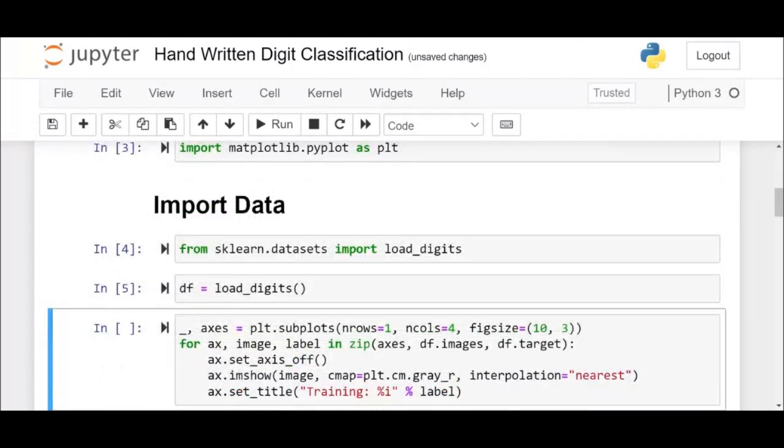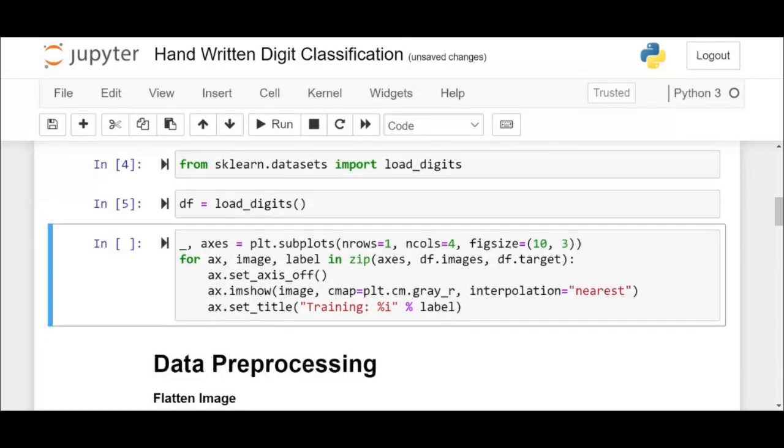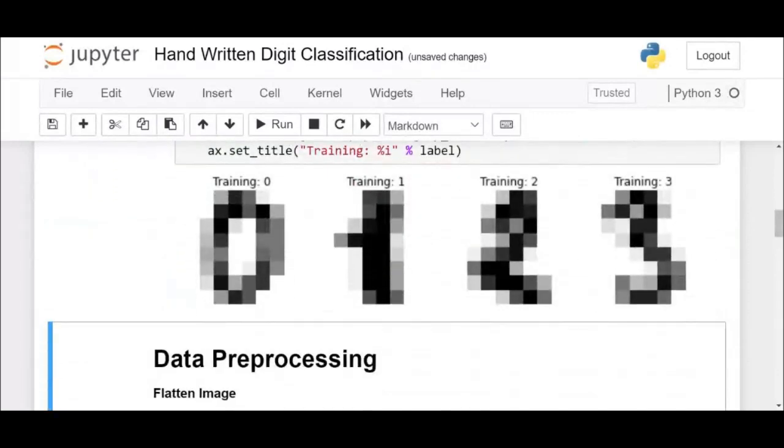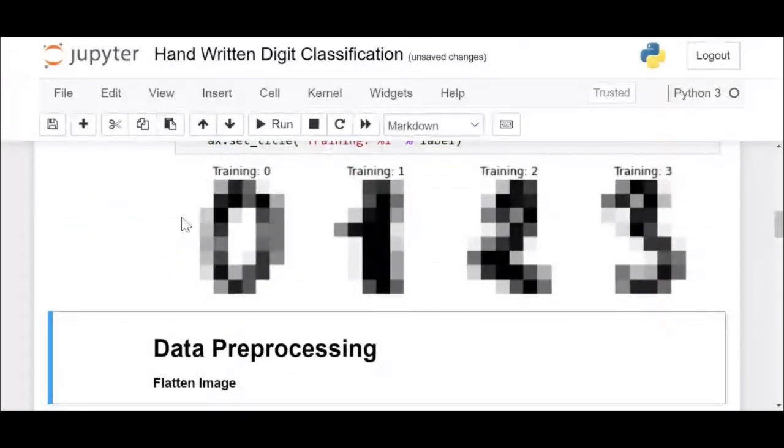Before I move on, let me give you a quick view of this digit data set. Don't worry about this code. So this is how it looks. It is a black and white pixel image, 8 by 8 pixels. Because it is 8 by 8 pixels, the visibility is like this only, right? But you can find out whether it is a 0, a 1, 2, or 3.